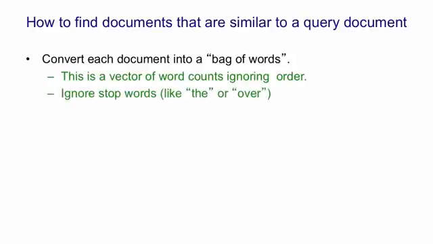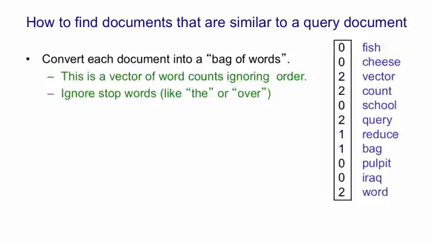We ignore words like "the" or "over", which are called stop words, because they don't have much information about the topic. So if you look on the right, I've done the counts for various words, and they're the counts for the document on the left. If you look at what words we have non-zero counts for, they're vector and count and query and reduce and bag and word. That tells you quite a lot about what the document is about.